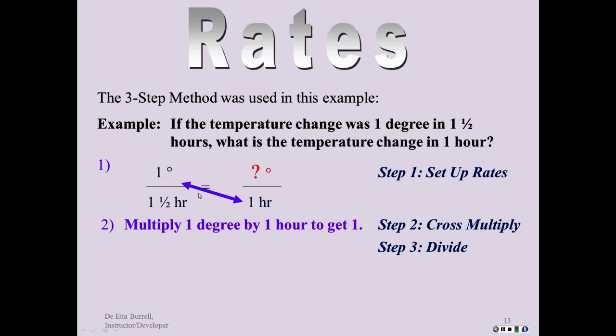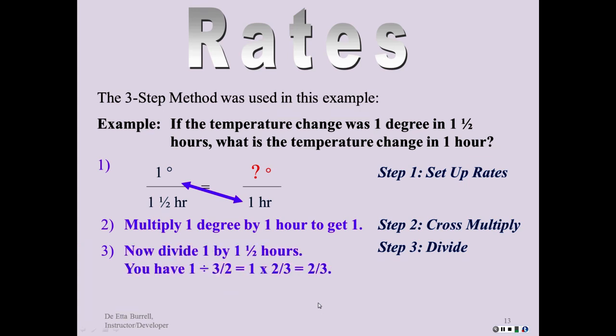You divide whatever you got in step 2 by the number that's left over. 1.5 is the same as 3/2. Then I keep, switch, and flip and I get 2/3. So I have a change of 2/3 per hour.